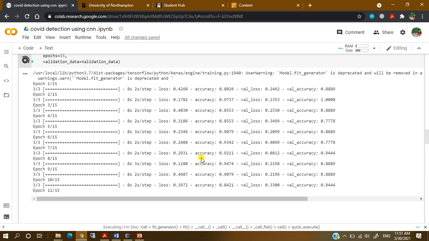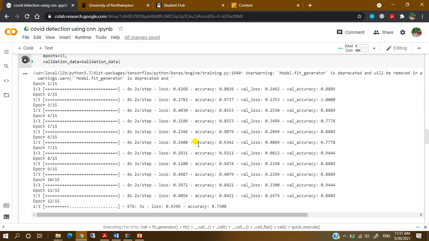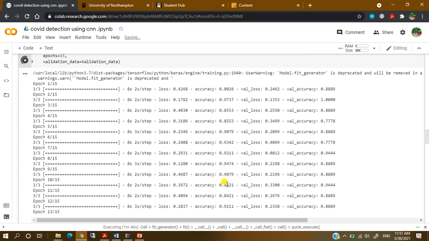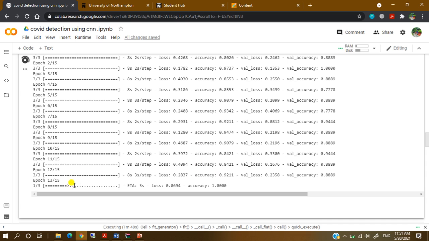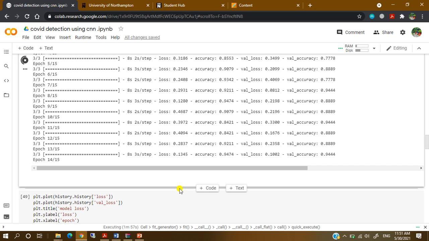We are getting accuracy values and the losses are also reducing.